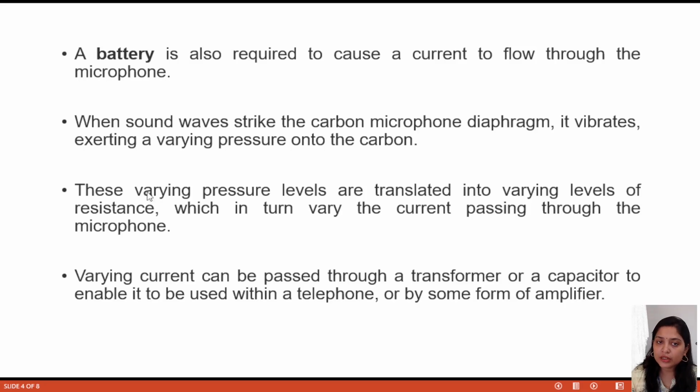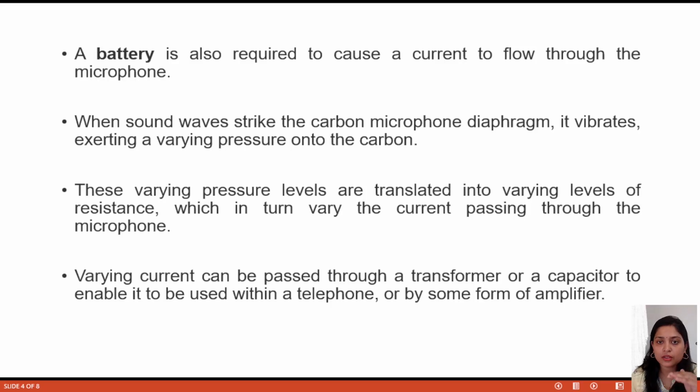Now the working principle. When a sound wave strikes the carbon microphone diaphragm, it vibrates, exerting a varying pressure on the carbon. These varying pressures are translated into varying levels of resistance. Why is there varying resistance? As I have already told, sound waves hit the diaphragm, and the pressure sometimes is high and sometimes low.